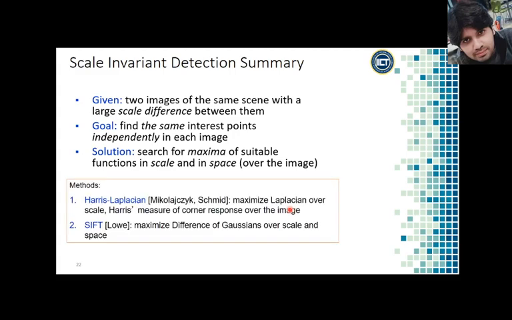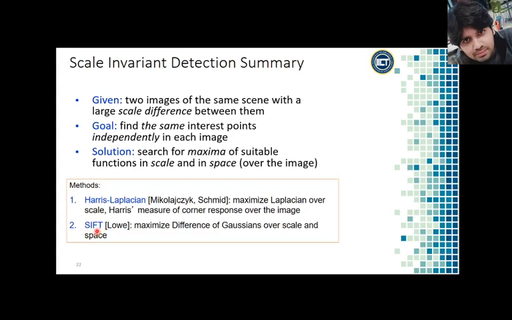One of the methods is the Harris-Laplacian, which was proposed by Schmid and team. The title was Maximize Laplacian over scale, Harris measure of corner response over the image. And then we have SIFT, which is the most commonly used one.